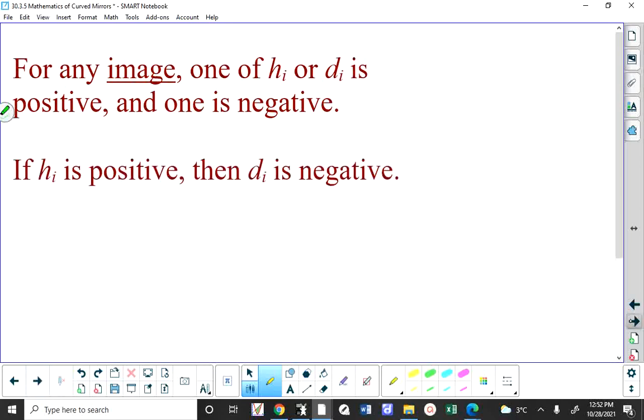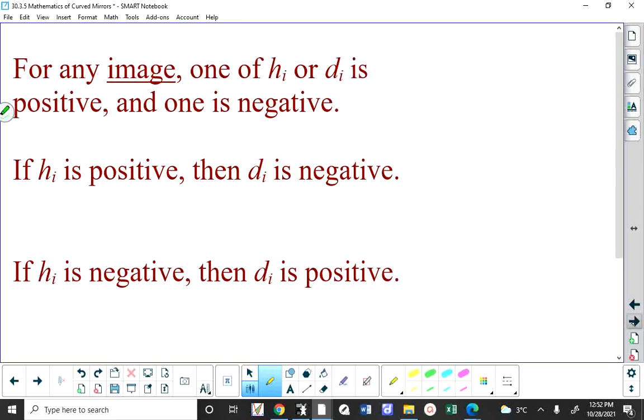Specifically, if HI is positive, DI is negative. If HI is negative, DI is positive. Now, what kind of image has a positive HI? A virtual image, because a positive HI means it's oriented in the same direction as the object. It's an erect image, which means it's virtual.